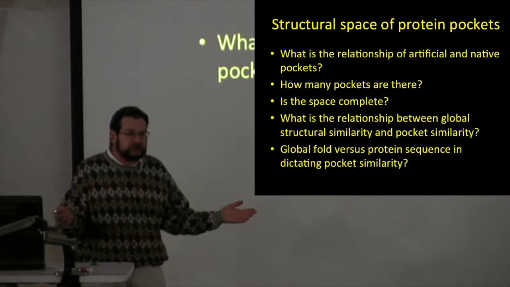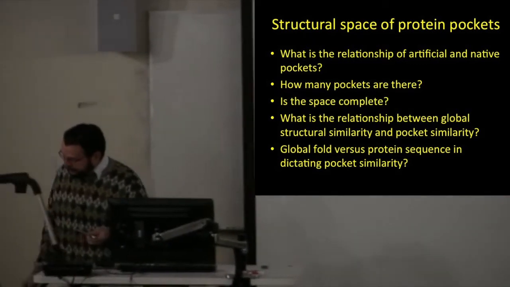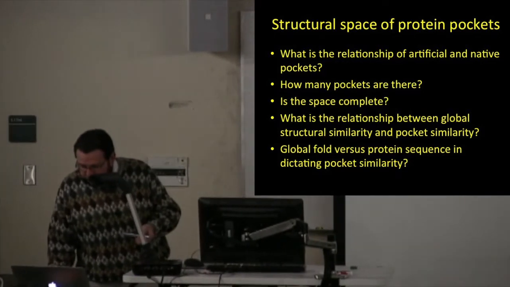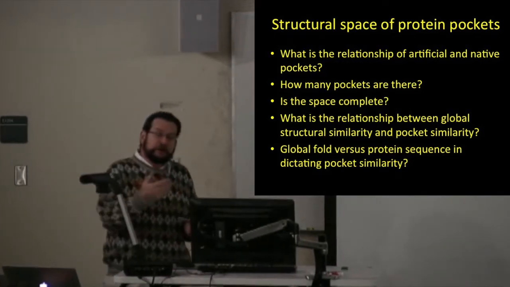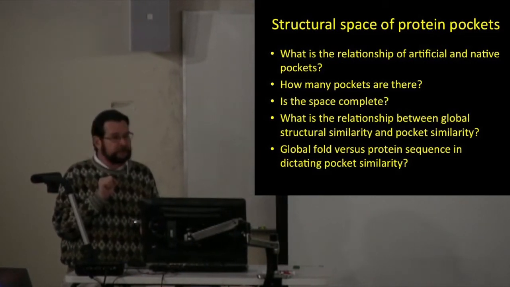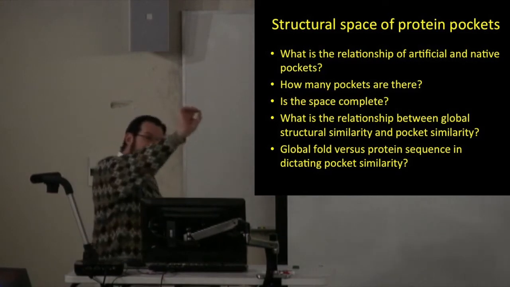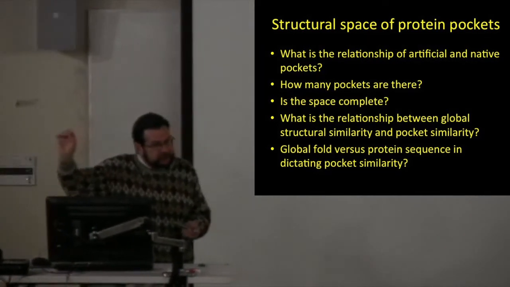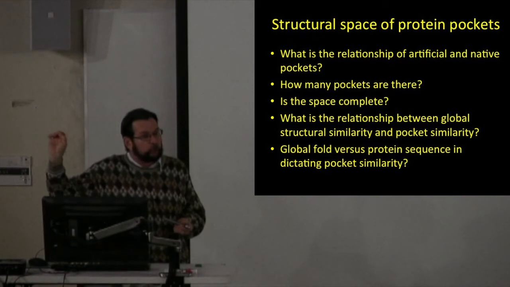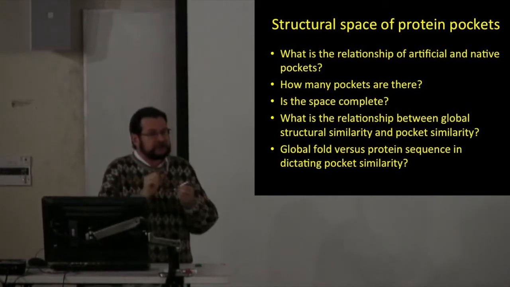Are they statistically significant? Another thing which you may guess is the fact that even though you have different global folds, all this cross reactivity might suggest that the number of ligand binding pockets is actually quite small. Because if by accident you designed for X and you're also binding and exhibiting physiological activity for Y, one possible explanation is the space of pockets is small.